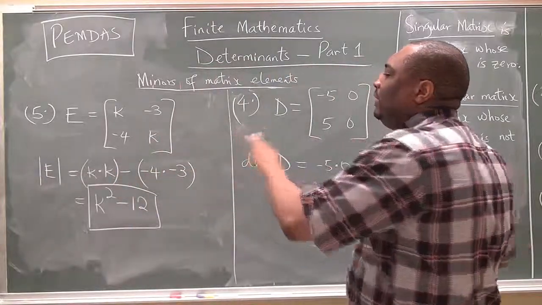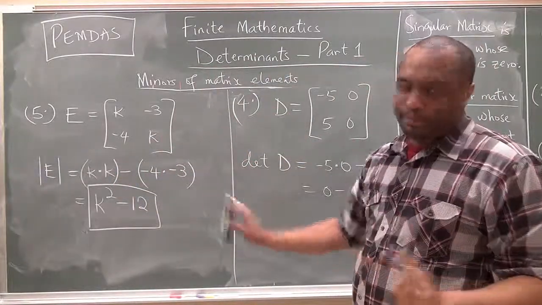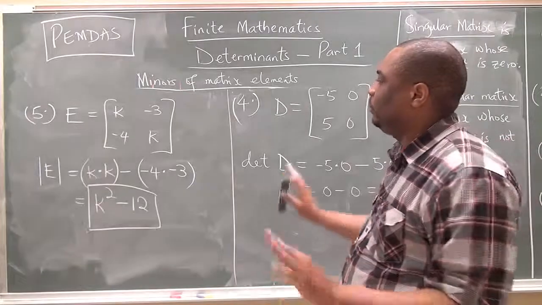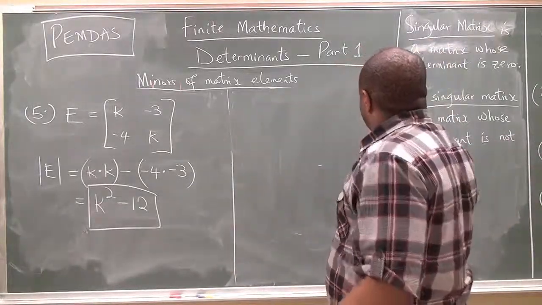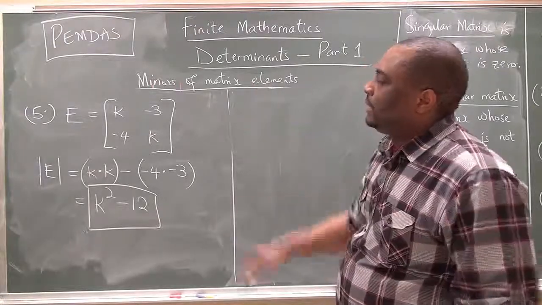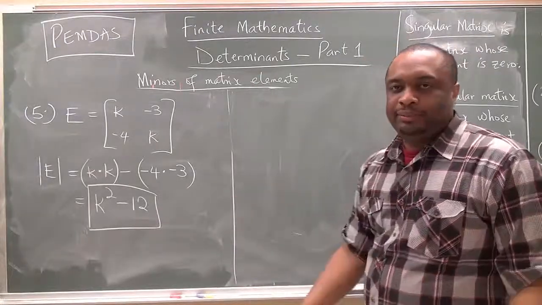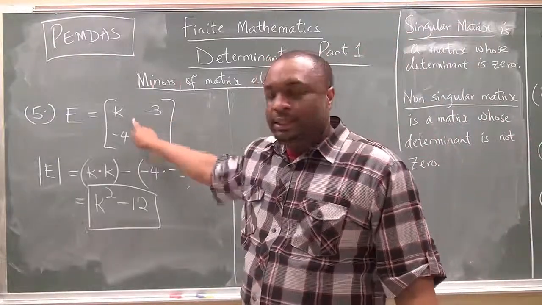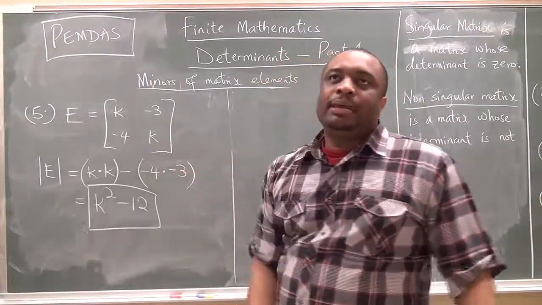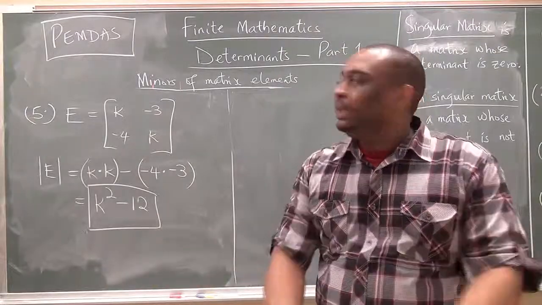But deal with the two guys first before you now subtract. That is, do multiplication first before you do the subtraction. Okay? Remember, it is this times this minus this times this. Some textbooks will have it as A, B, C, D, right?